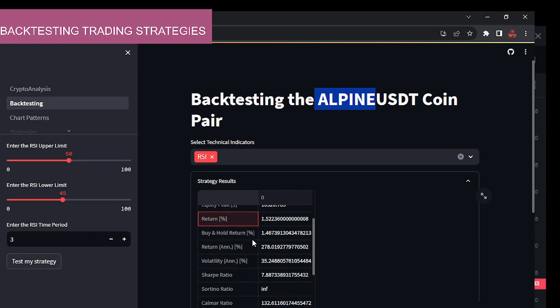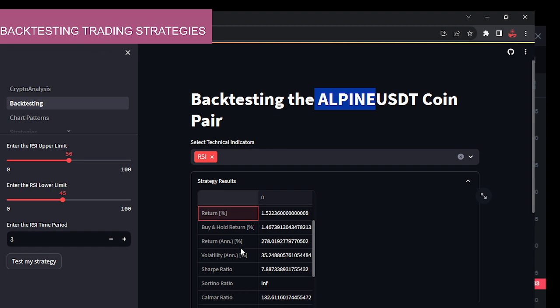So that's so commendable for this particular strategy that I'm backtesting. Another thing you might be interested in is the volatility, but let me just clarify the annual percentage return first.